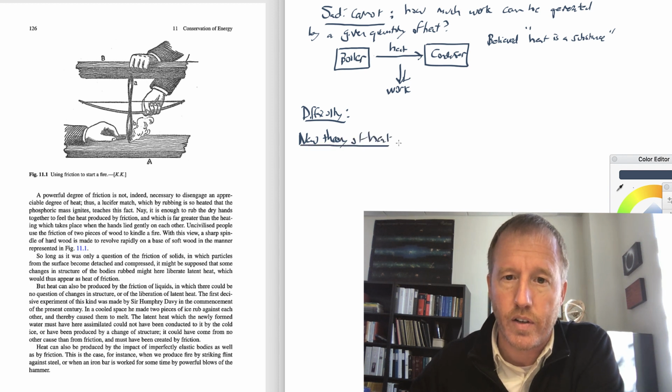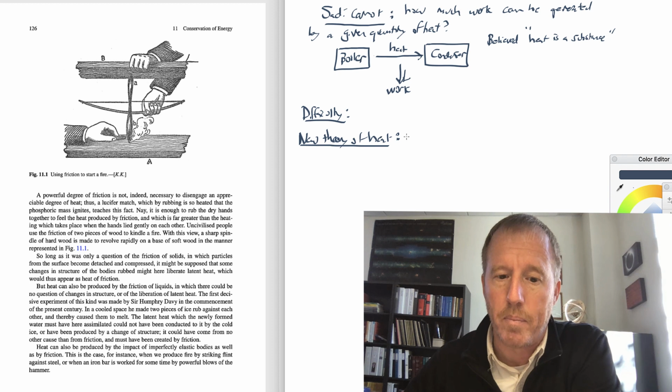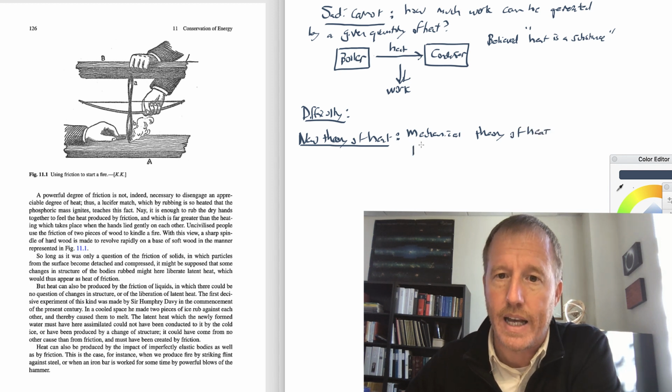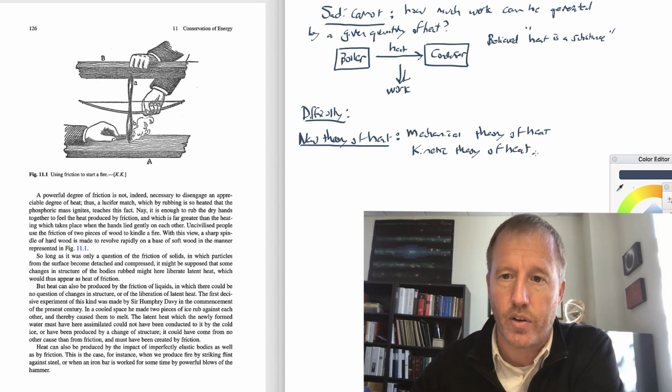The new theory of heat is called the mechanical theory of heat, Helmholtz refers to it as the mechanical theory of heat, or sometimes the kinetic theory of heat. And what is this kinetic theory of heat?